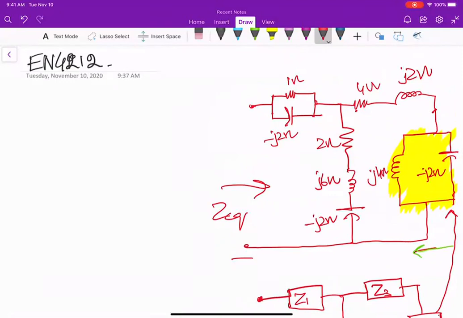So it will be Y4, because Y4 is equal to 1 by Z4, which is equal to YL plus YC. So YL plus YC is the admittance of this inductor and this capacitor. We know that YL will be 1 over j4 and YC will be 1 over minus j2.